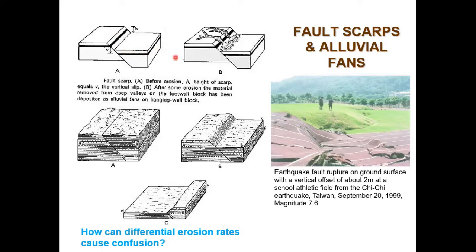And during this downdrop motion, another thing that happens, if there is a well-established drainage system, rivers and creeks like this, they will be disconnected. So this surface water network will also be disconnected because of this motion.